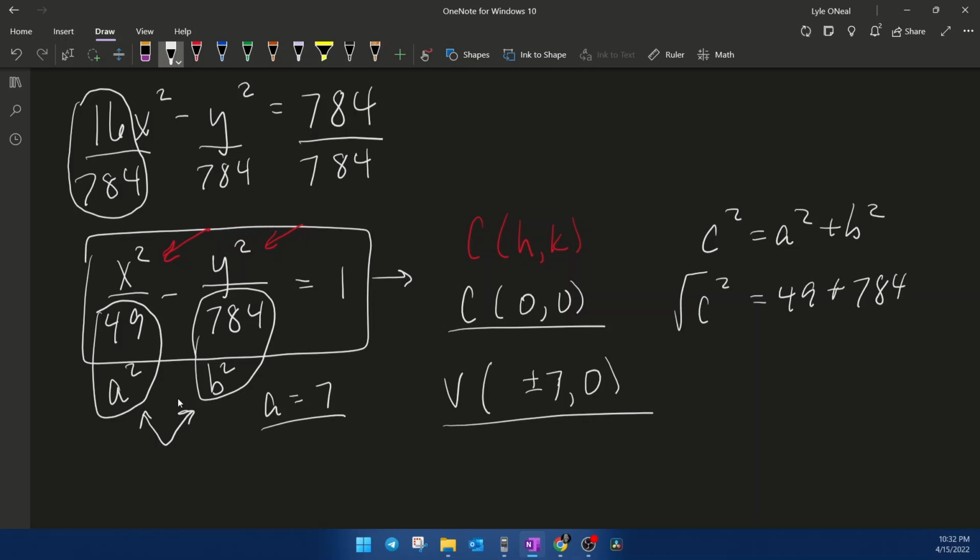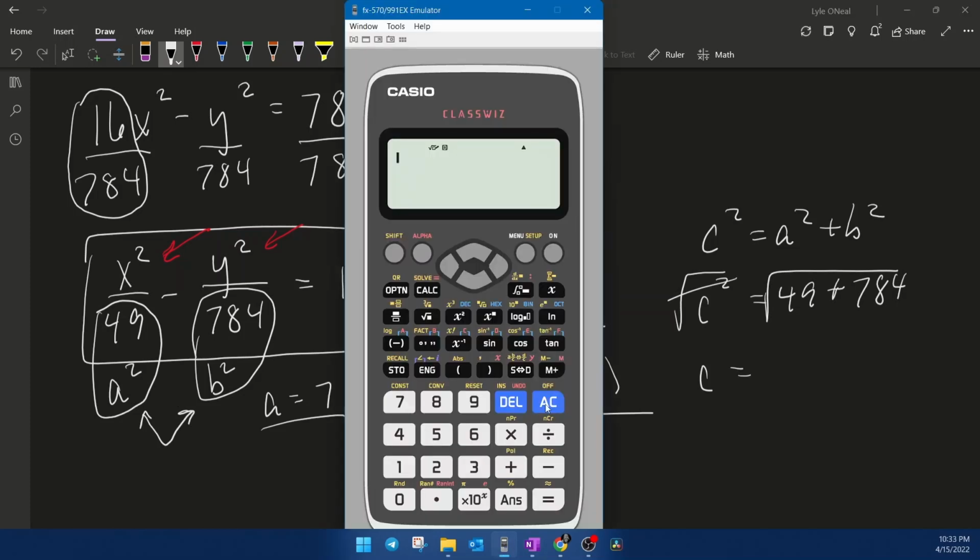And then I'm going to need to take the square root of both sides to get the value of c. And what a great time to use the calculator. Square root of 49 plus 784 gives us 7 square root of 17.